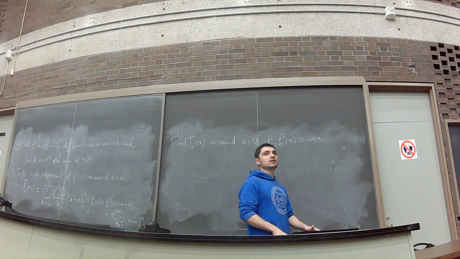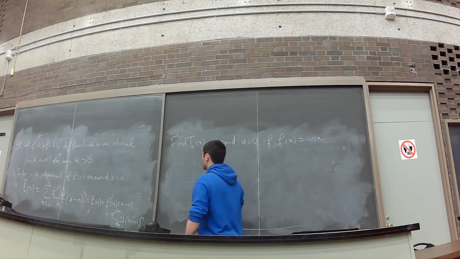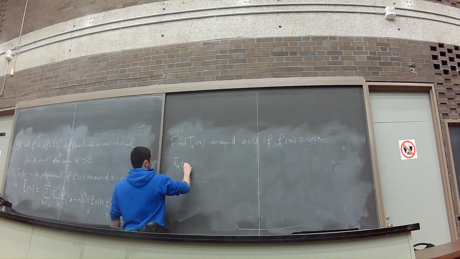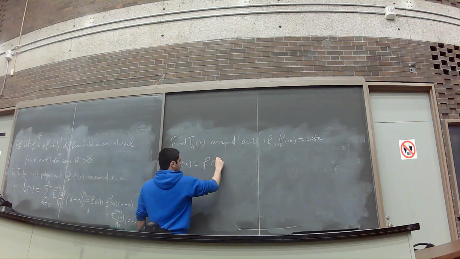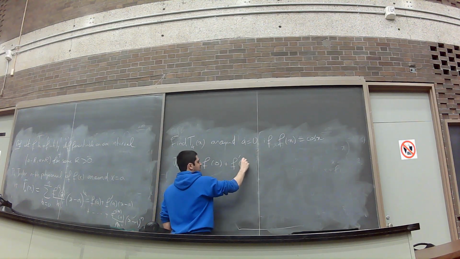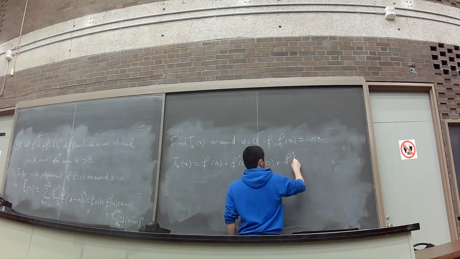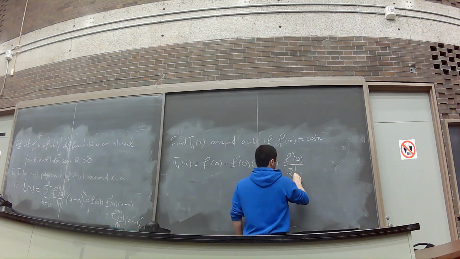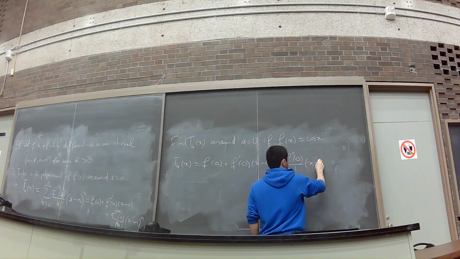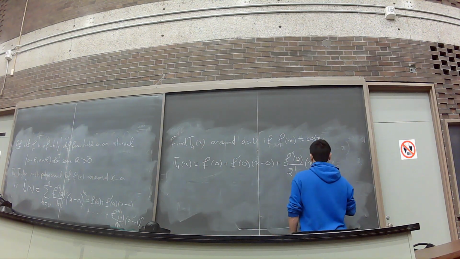How can I do this? What do I need? So what is T4 of x? Let's write this. It's f of 0 plus f prime of 0 times x minus 0 plus f double prime of 0 divided by 2 factorial times x minus 0 squared.